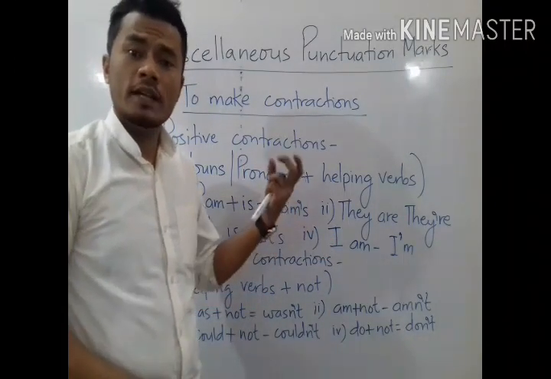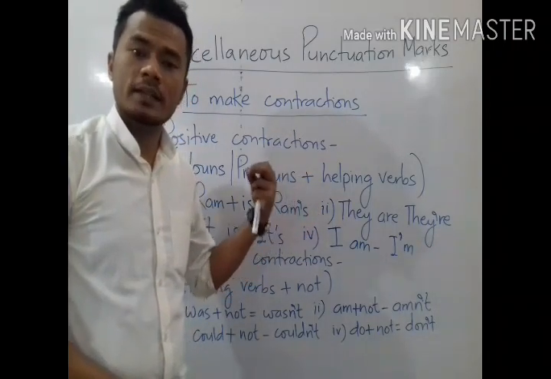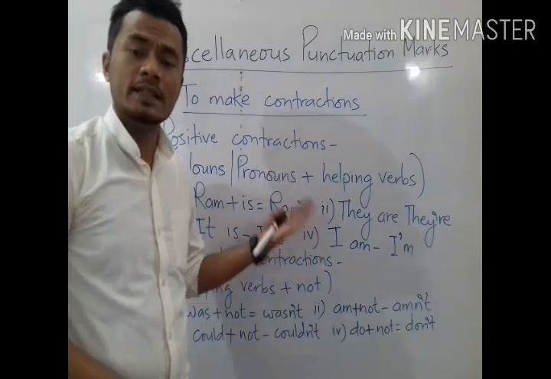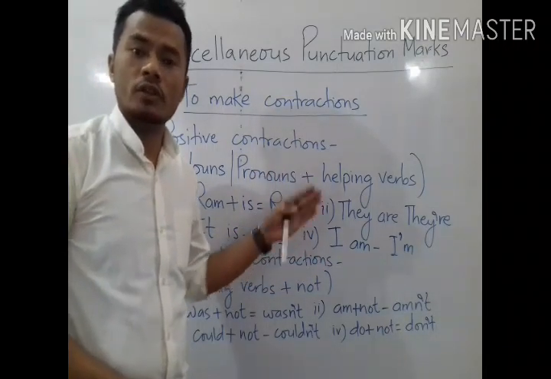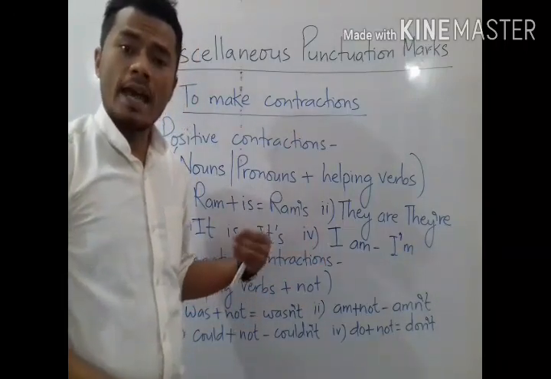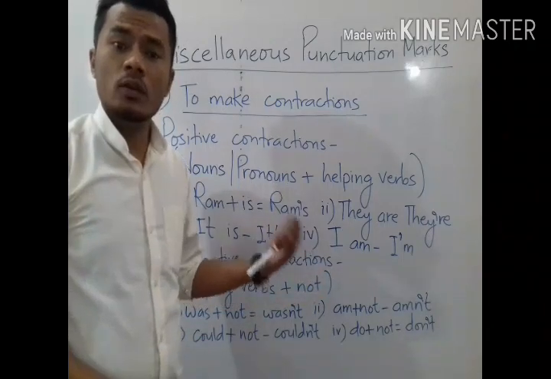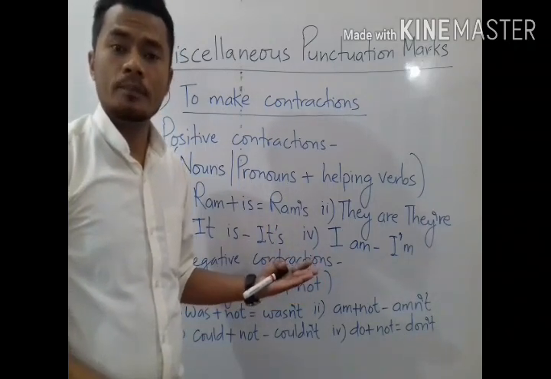Here we have to remove the letters H and A both from the contraction form. So it will be read as T-H-E-Y, they apostrophe V-E, they've. Understood? I have, I apostrophe V-E, I've. You have, you apostrophe V-E, you've.